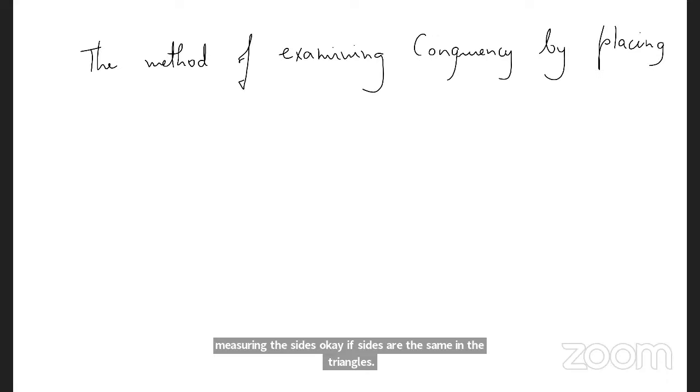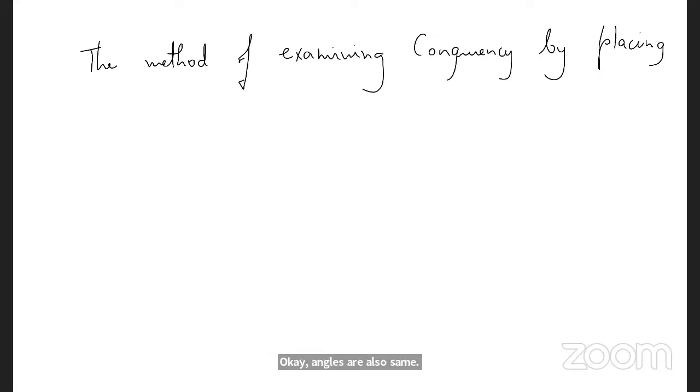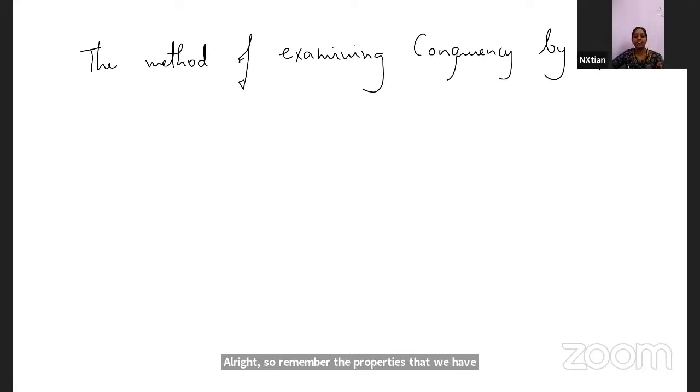So remember the properties that we have learned till now. In a square we know all the angles are the same, and all the sides also measure the same. So you can remember the properties and measure with the ruler to get an idea of whether the figures are congruent or not. And some figures you can tell just by taking a look at them.